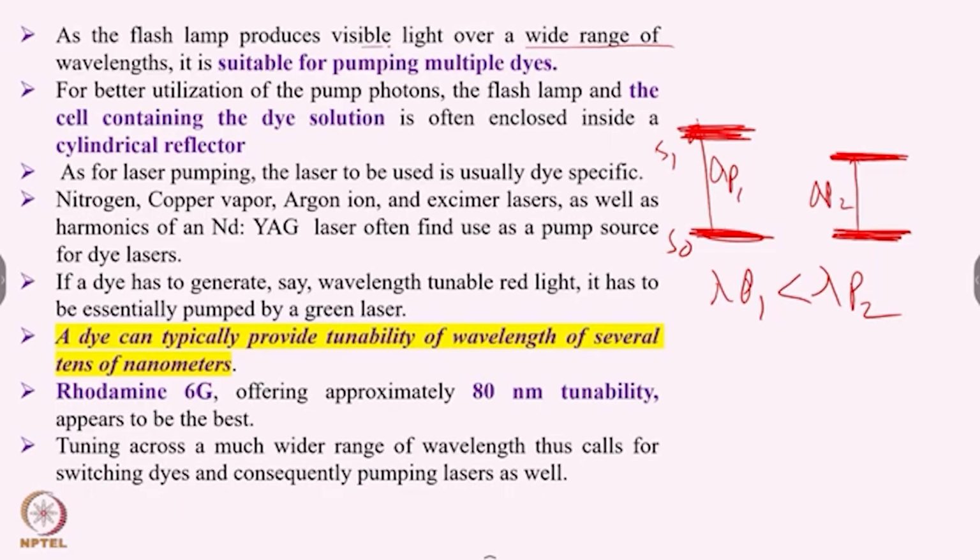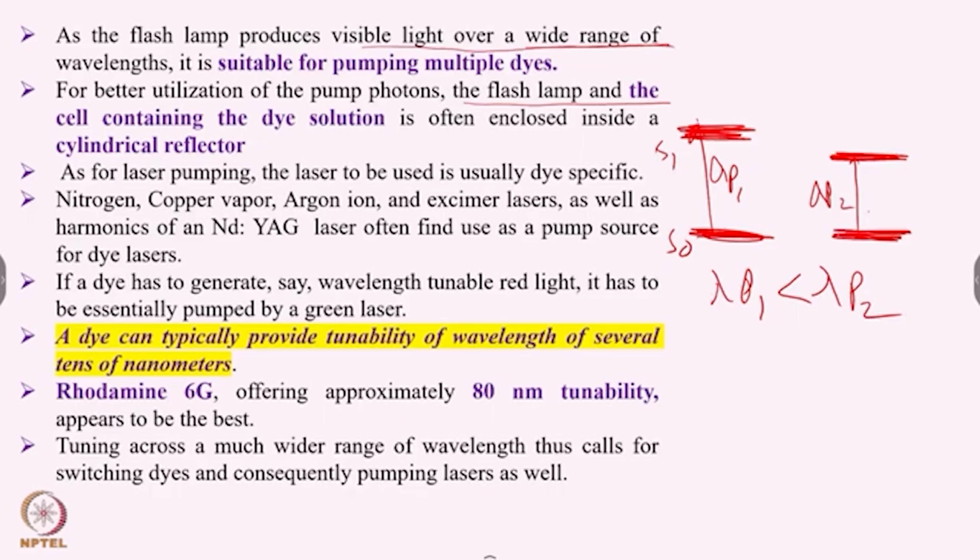Now a flash lamp which produces visible light over a wide range of wavelength can be suitable for pumping multiple dyes which have different pumping wavelengths. And for better utilization of the pump photons, the flash lamp and the cell containing the dye solution is often enclosed inside a cylindrical reflector, because the flash lamp can emit light in various directions.